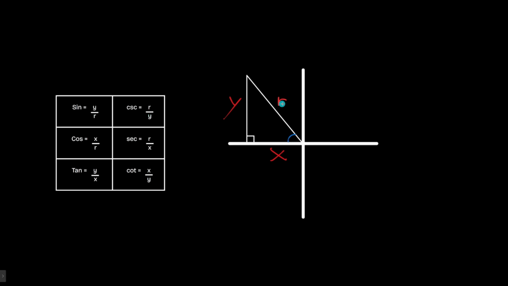And our r value is just going to be the same as hypotenuse because it's the one on the angle. So if we refer to our chart over here and we look at our angle, we can see the sine value, which would normally be opposite over hypotenuse, has just been changed to y over r. And this would be the same for our cosecant value, which is normally hypotenuse over opposite, and that has just been switched to r over y.